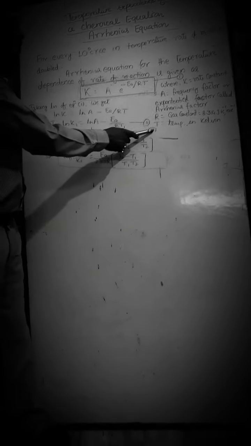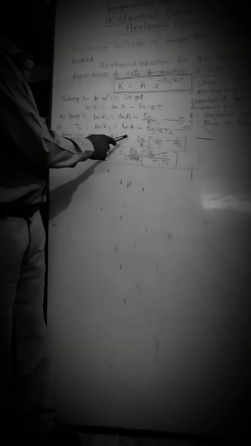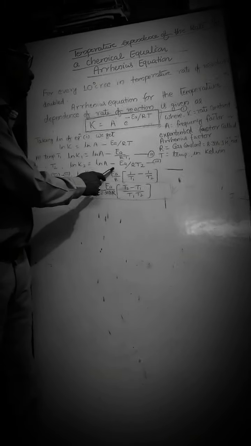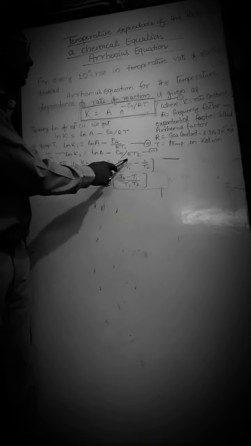Now, if we subtract equation 2 from equation 3, we get ln K2 minus ln K1, which is equal to ln K2 by K1. The ln A cancels, and this is equal to Ea by R into 1 by T1 minus 1 by T2.